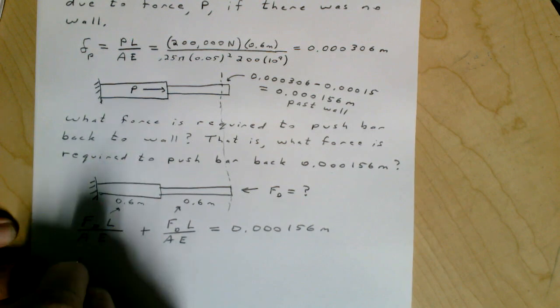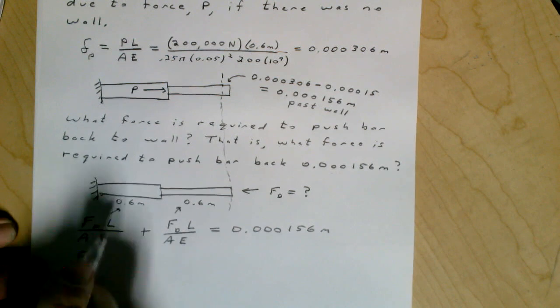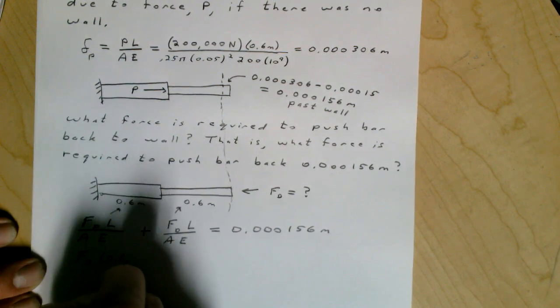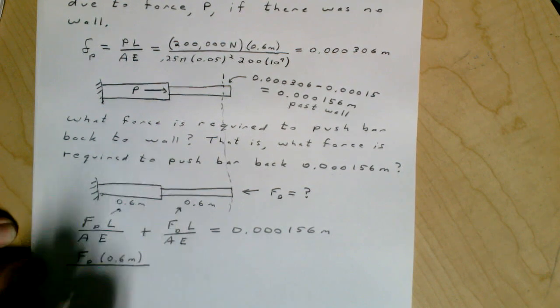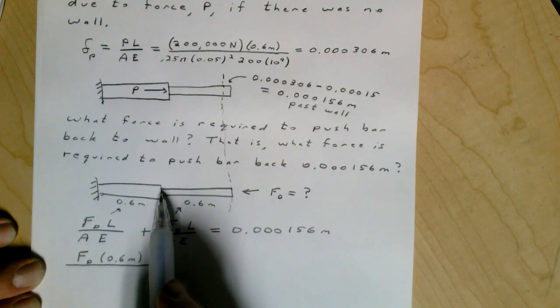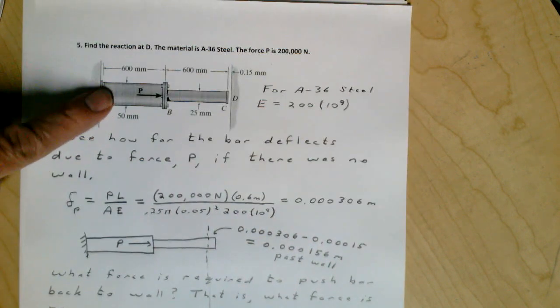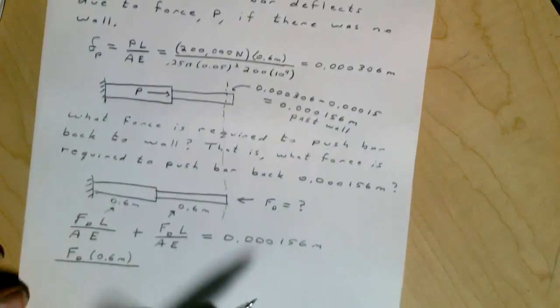And so let's plug some things in here. Once again, the length for this section is 0.6 meters. The area of this face over here, if you look back at the beginning, it has a diameter of 50 millimeters or 0.05 meters.